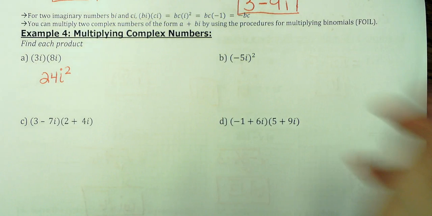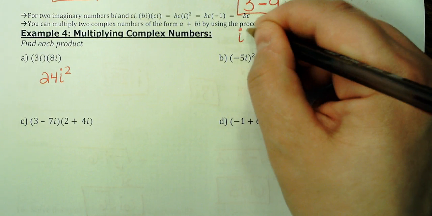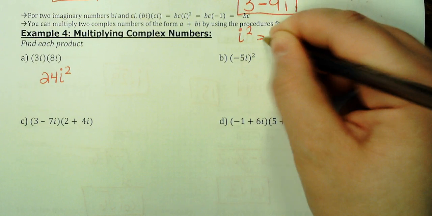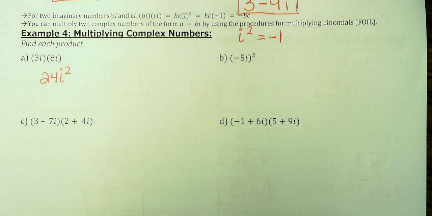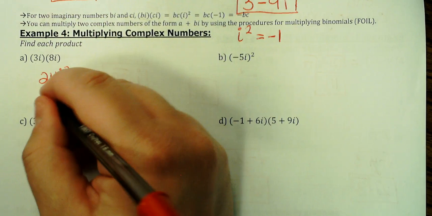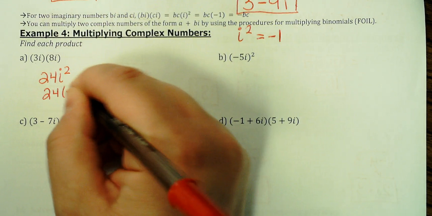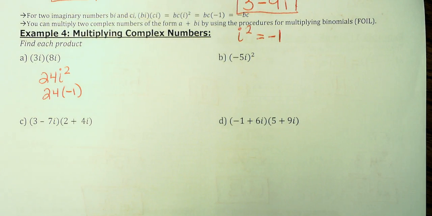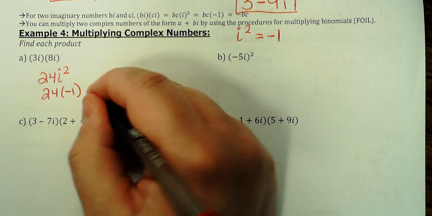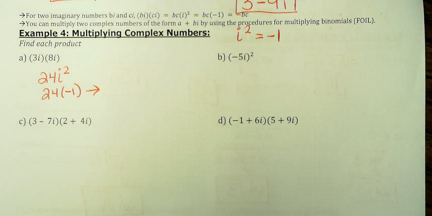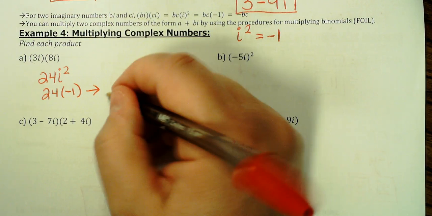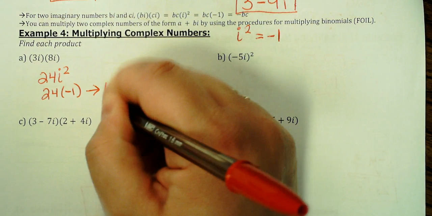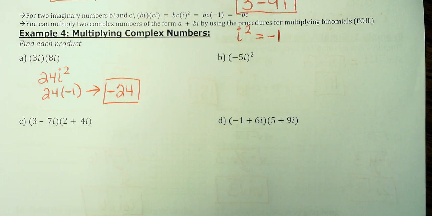And I'm just going to write this again. I know I wrote this on the front. But if you get i squared, that is defined as being equal to -1. So really what I have here is 24 times -1. And when I multiply these sometimes, this actually gets completely converted into a real number. The answer here is just going to be -24, no longer imaginary.